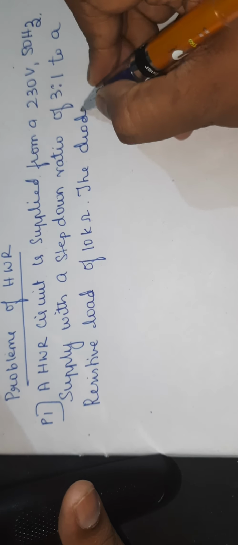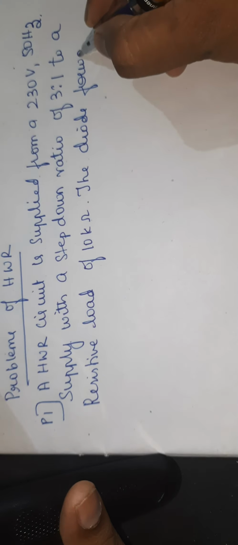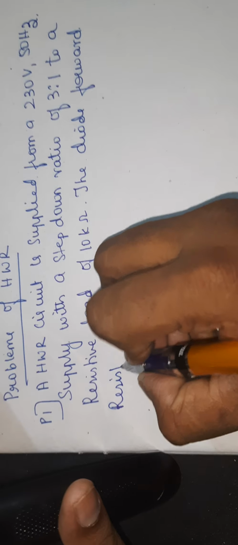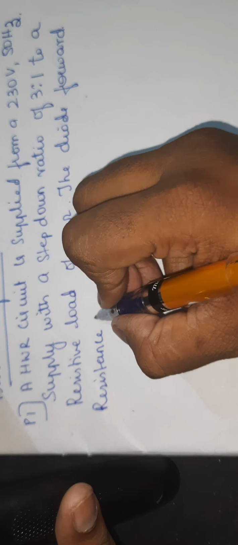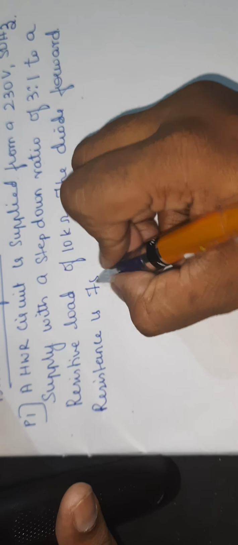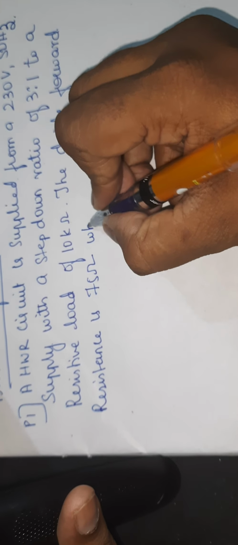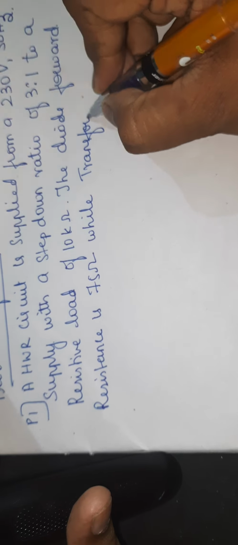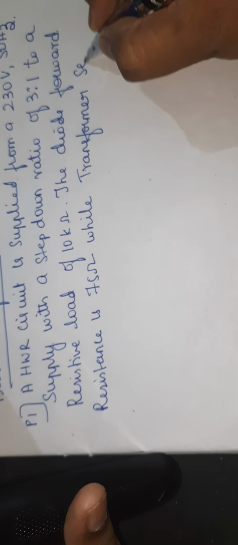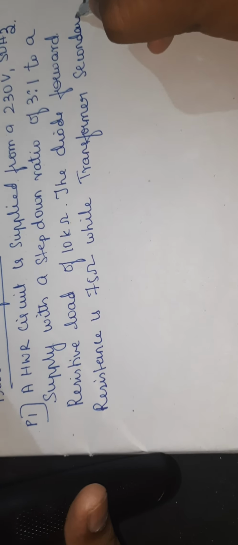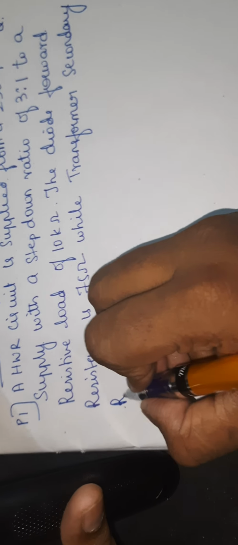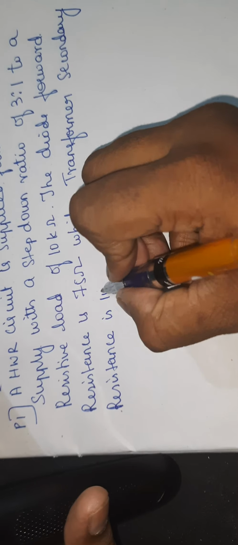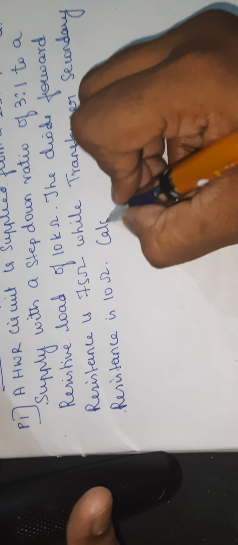The diode forward resistance is 75 ohms, while the transformer secondary resistance is 10 ohms.